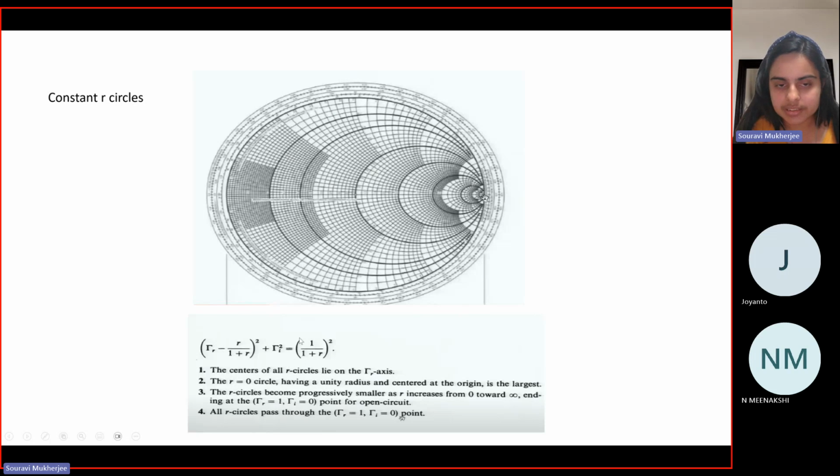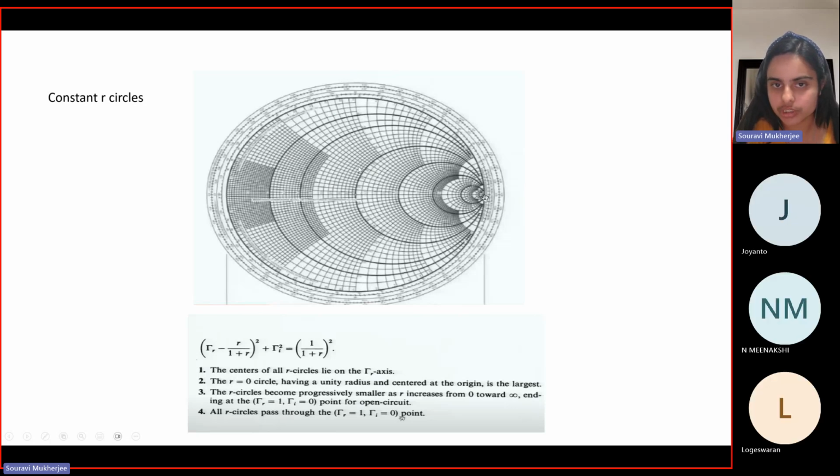So this is the equation of a circle now. And here the center of the circles is given by r by 1 plus r comma 0. This is the reflection coefficient plane, where the x-axis is denoted by tau r, while the y-axis is given by the imaginary part.